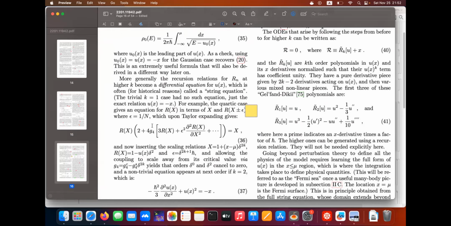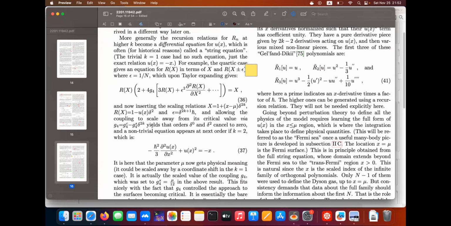Here there is some subtlety: we need to shift the critical value g4. At the beginning it is just a constant, but now we shift it with delta. It's okay because finally we will take delta equal to 0. We will require this equation to hold order by order in delta.